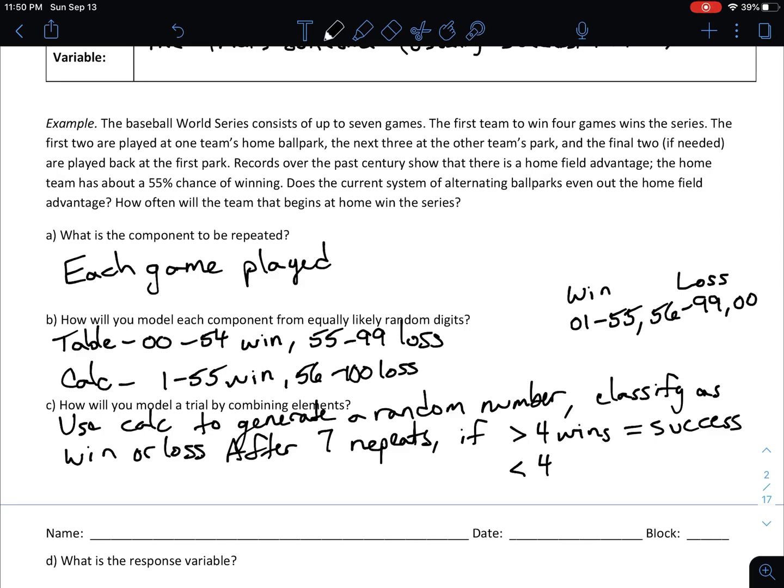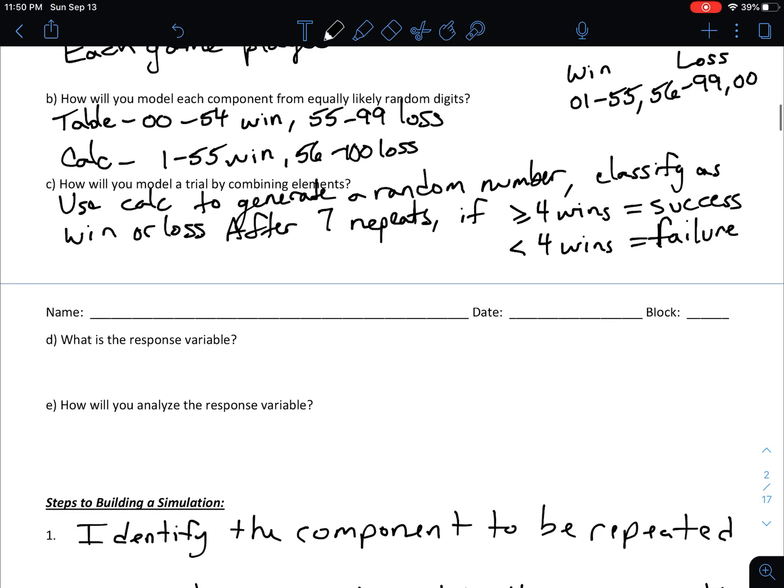And if there are less than 4 wins, that's going to be a failure for us. Then our response variable is whether it's a success or a failure, and again, we've defined those as above.